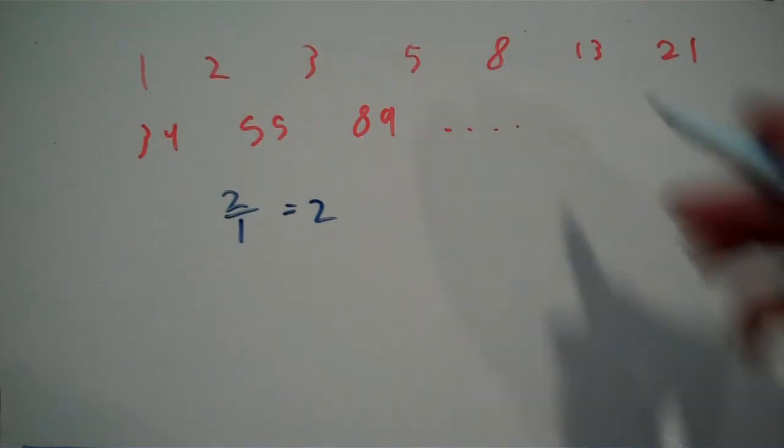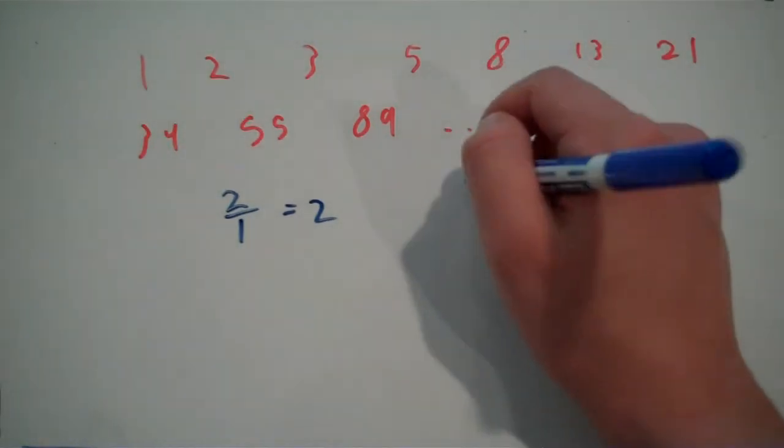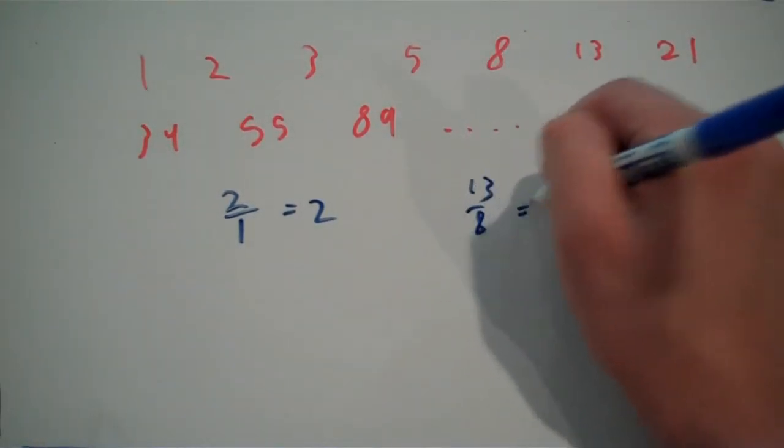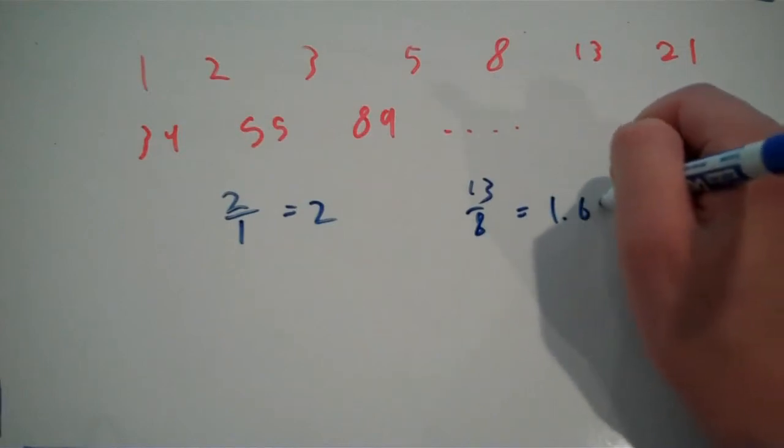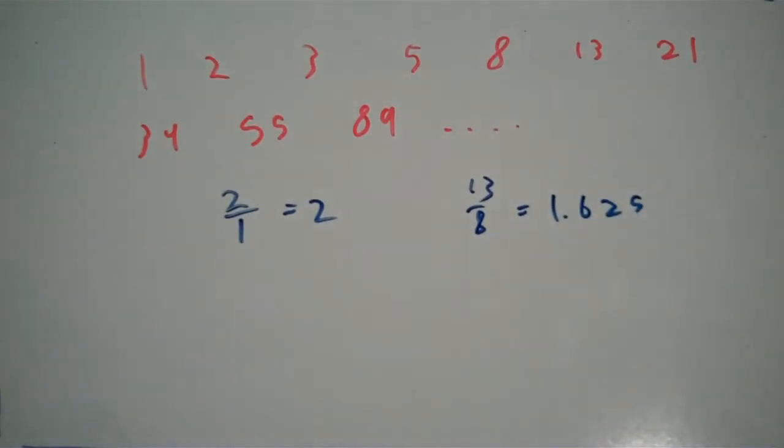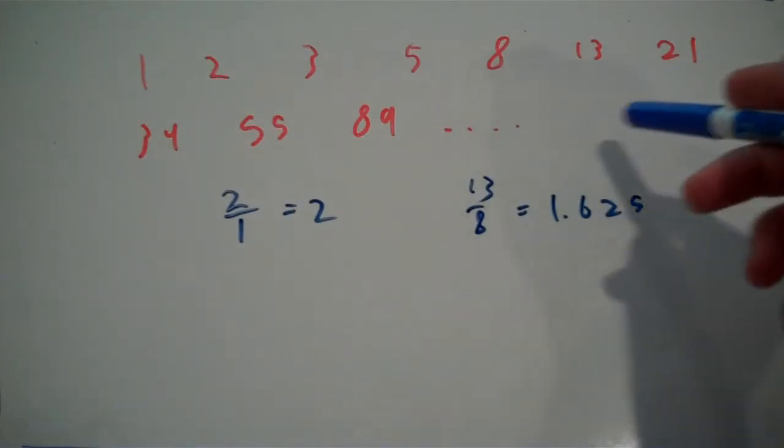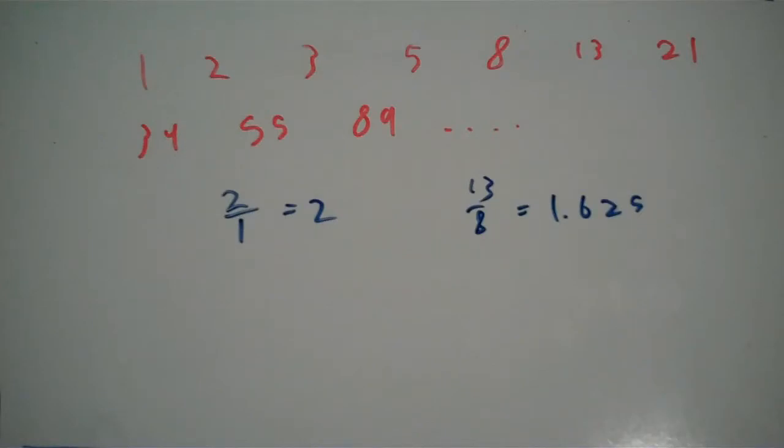However, if we do 13 divided by 8, we get 1.625, which is a much more accurate approximation of phi. As you continue farther into the series, you'll get even more accurate approximations. So it's just kind of a cool little thing about Fibonacci numbers, and it provides an important relationship between Fibonacci numbers and phi.